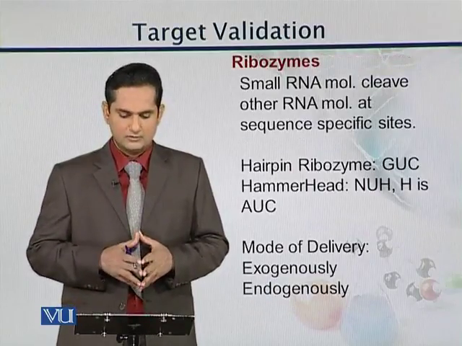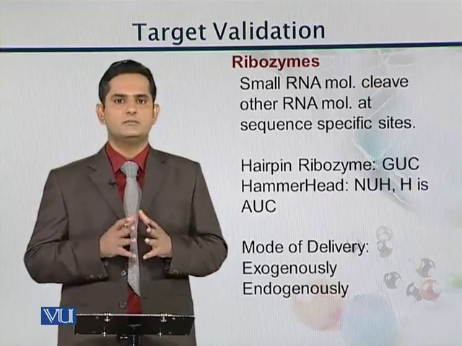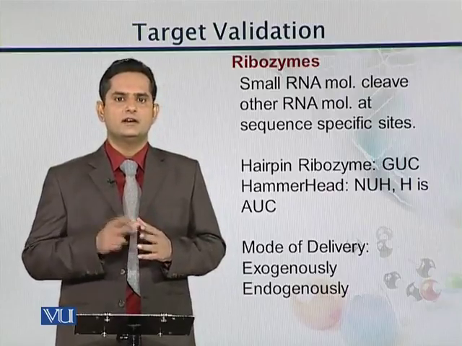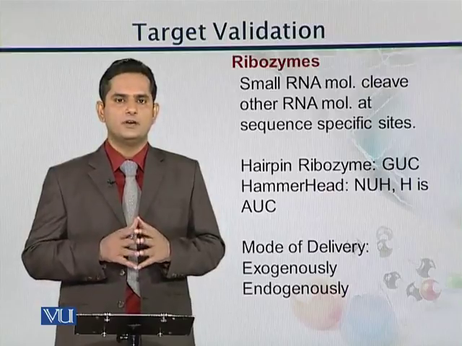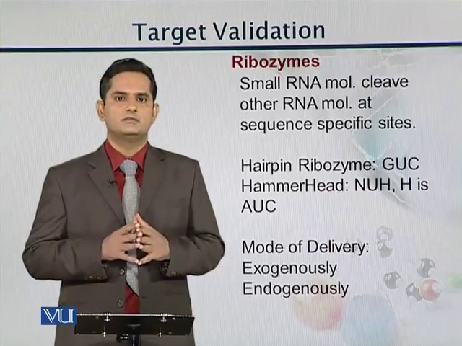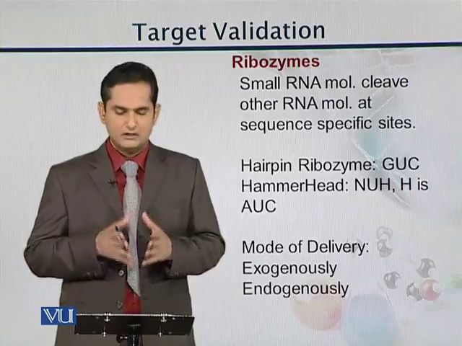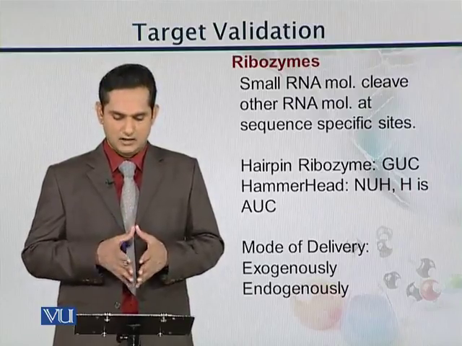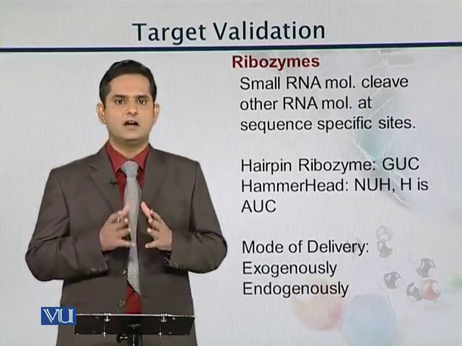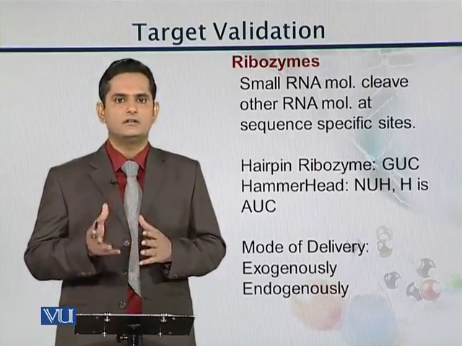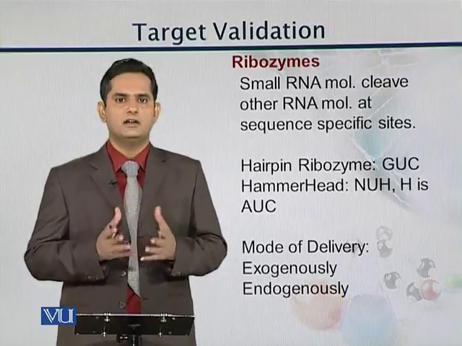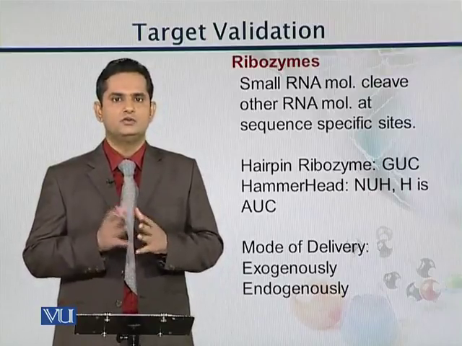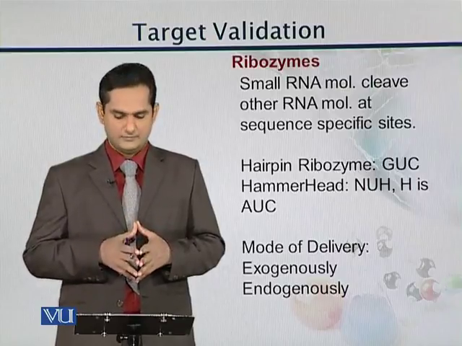Then we have ribozymes. Ribozyme technology is based on an RNA mechanism. As I said, the previous approach was stopping the translation mechanism. Ribozymes basically stop the transcription mechanism, where we have RNA molecules. These RNA molecules will cleave or clear other small molecules or RNA molecules which are not useful for any organism.